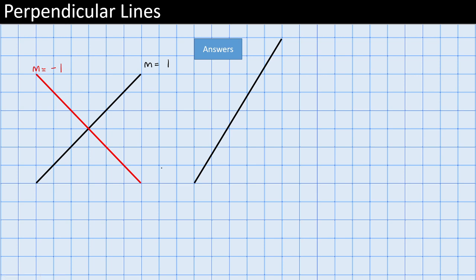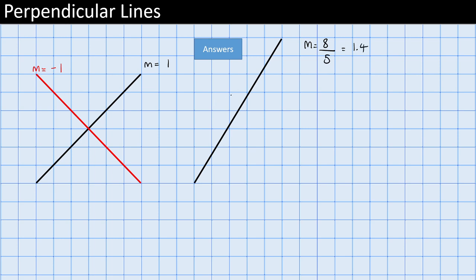If you check out this line here, what gradient has it got? 1, 2, 3, 4, 5, 6, 7, 8. So this gradient is 8 divided by 1, 2, 3, 4, 5. 8 over 5, which is 1.4.